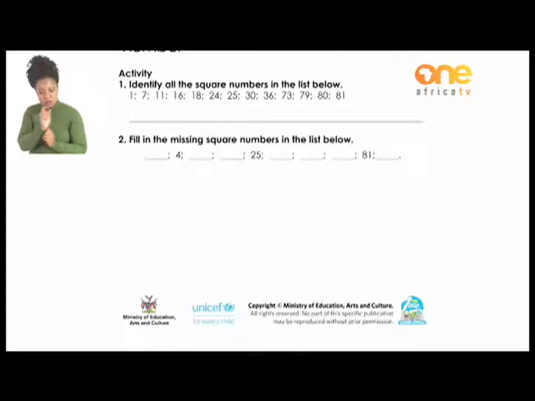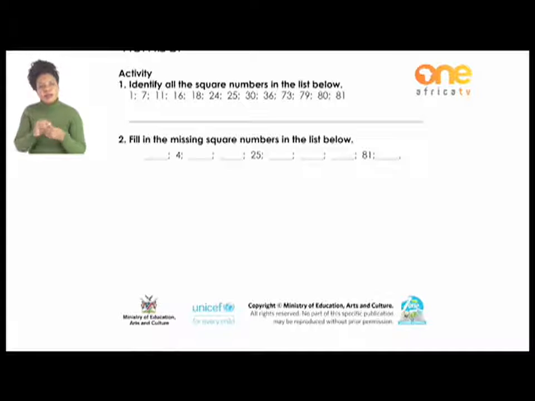The numbers there are: 1, 7, 11, 16, 18, 24, 25, 30, 36, 73, 79, 80, and 81. You are required to identify or just write down all the square numbers from that list.